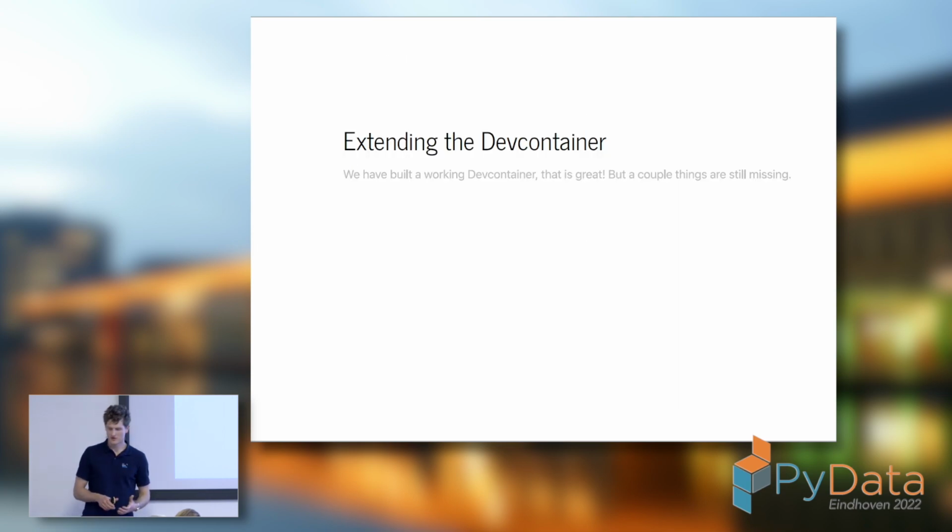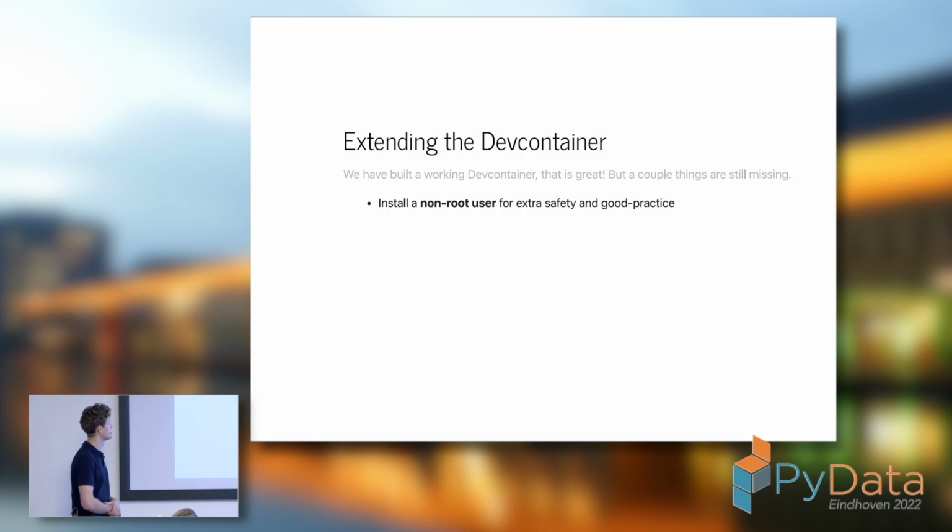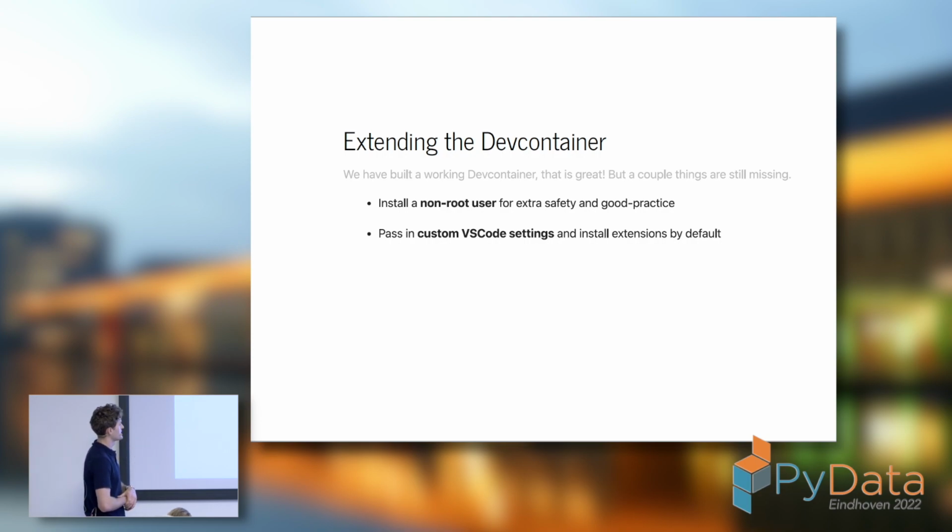All right, so given that we created this quite basic dev container, how can we extend it? Our devcontainer.json file is still really lightweight. So what is still missing? Maybe it's a good safety practice to install a non-root user. Maybe you want to pass in some custom VS Code settings to get the user started more quickly.